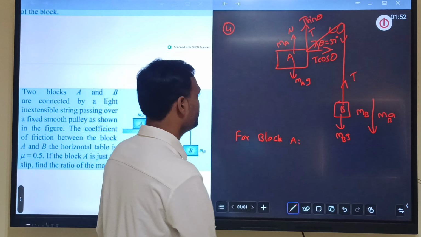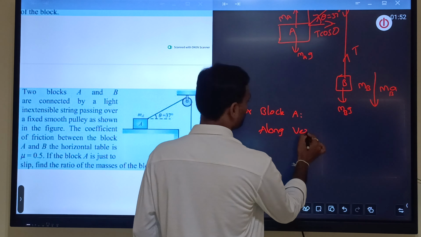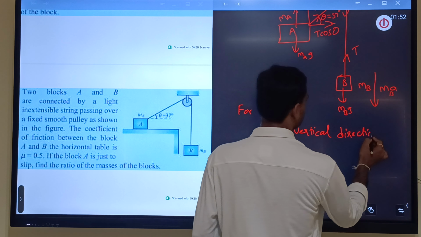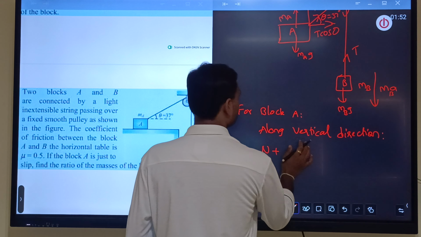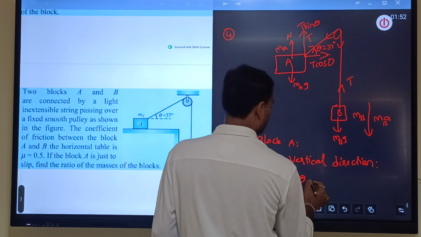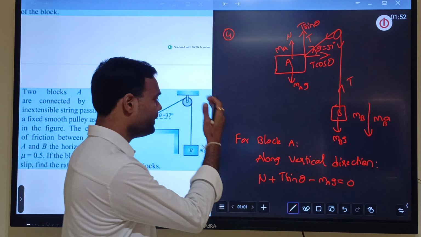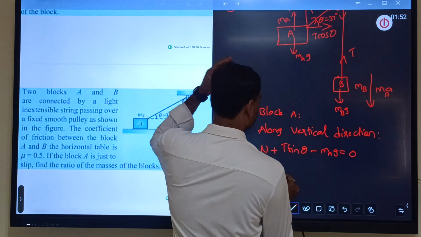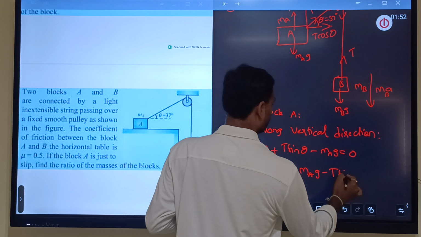For block A, along the vertical direction, N plus T sin theta minus mag is equal to 0. It is not moving in the upward or downward direction. Now N is equal to mag minus T sin theta.